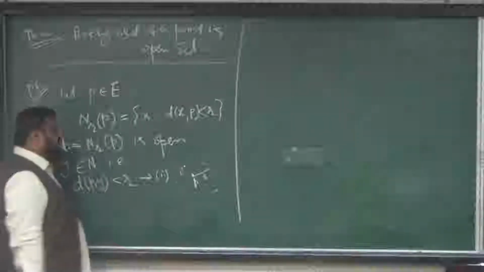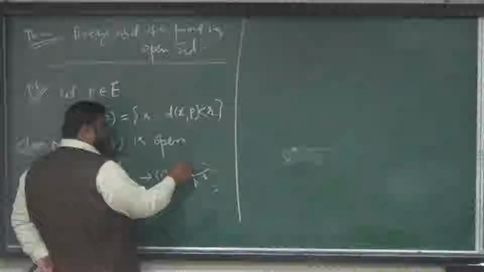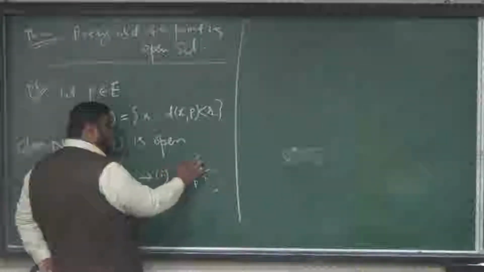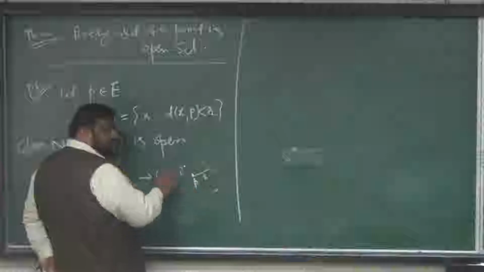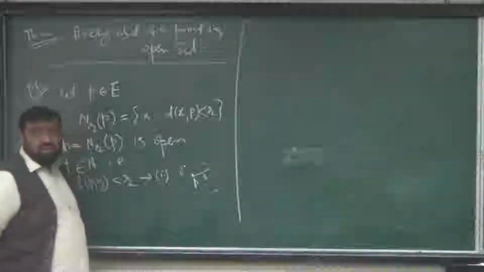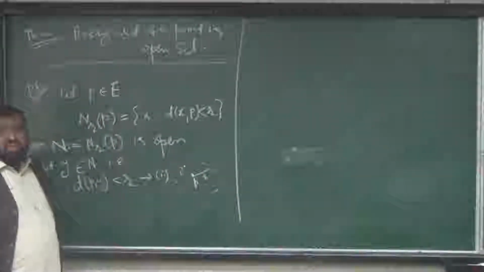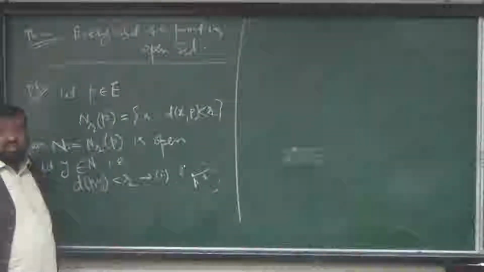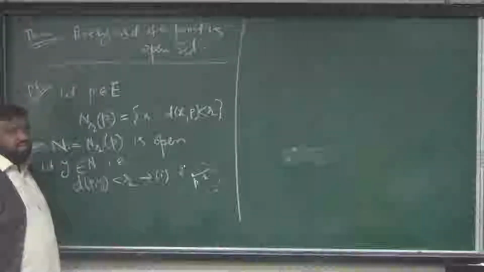So I want to draw a sufficiently small ball on this Y in such a way that the ball lies within this ball. Distance between P to X minus Y to X is going to give me what? Radius of the Y, sir. R by 2.